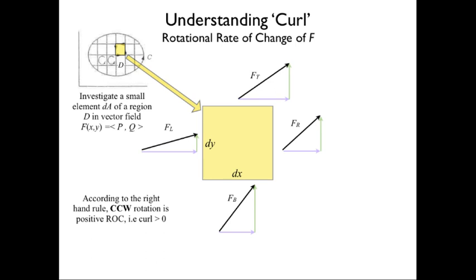So let's talk first about the top and bottom vectors. Which components of those top and bottom vectors contribute to twisting, or rotation? He says P. Agree with that? What about the Q components of the vectors at the top and the bottom? Do they contribute to turning or twisting?